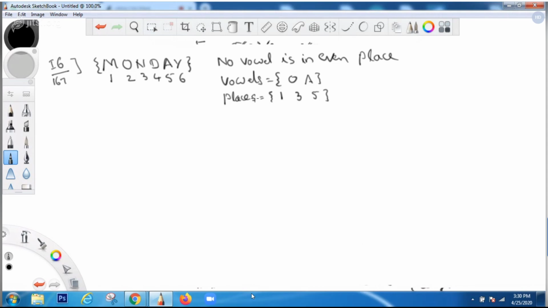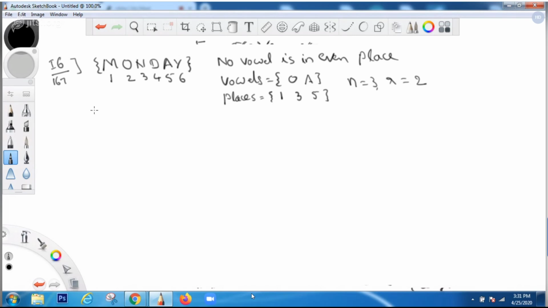So what is the value of n here? 3. Good. n is 3. I will write here: n is the more value, r is the less value.